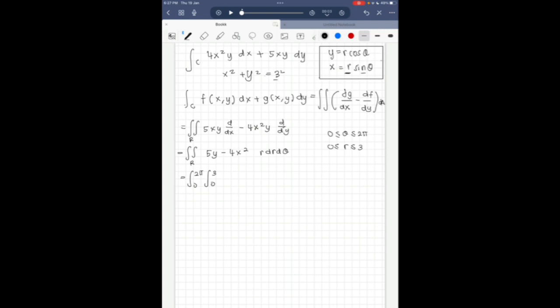So divide this value, and we get the result.